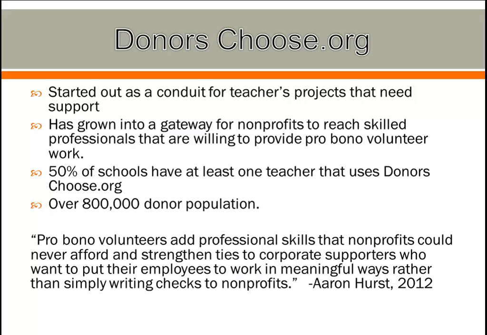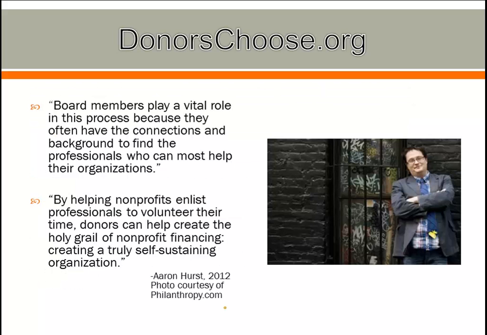What I thought was amazing was that 50% of schools have at least one teacher that uses DonorsChoose.org, and their donor population has grown to over 800,000. And that to me is just such a testament to an organization that looks at the external environment, finds a need, and is fulfilling that need, which I just think is fantastic.